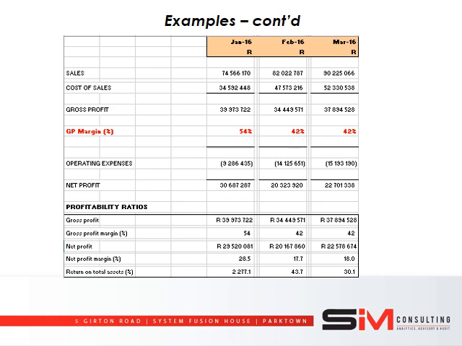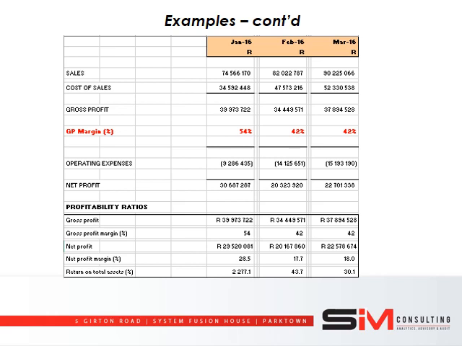Having applied this formula, you'll come up with the result of 2,277.1%. So your calculation should show you the 5 results.